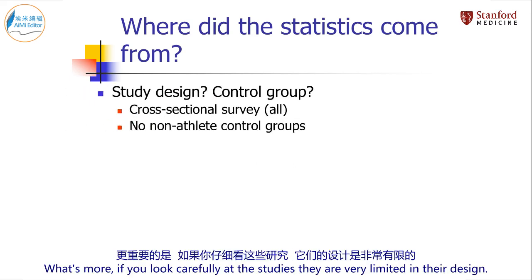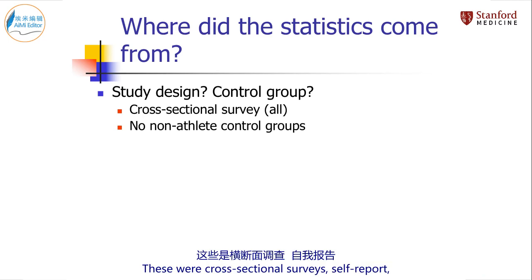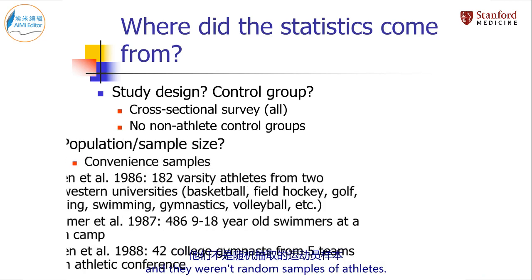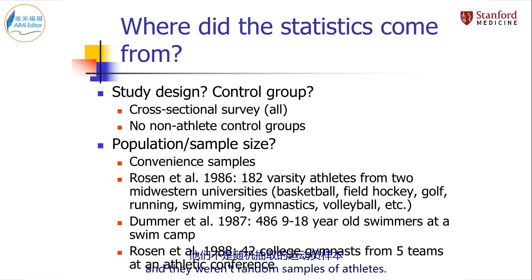What's more, if you look carefully at the studies, they are very limited in their design. These were cross-sectional surveys, self-report, with no non-athlete control groups. And they weren't random samples of athletes. They were just convenience samples. The 1986 study surveyed varsity athletes from some Midwestern universities in a whole bunch of sports.